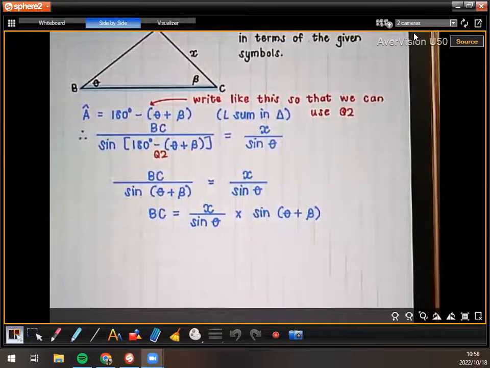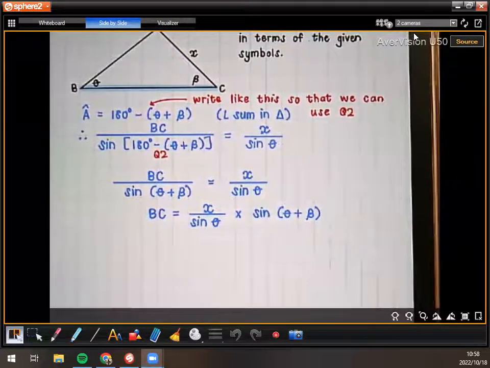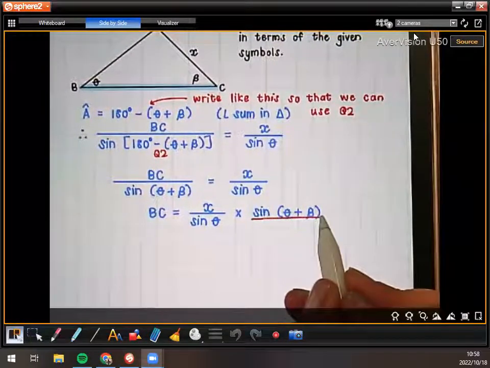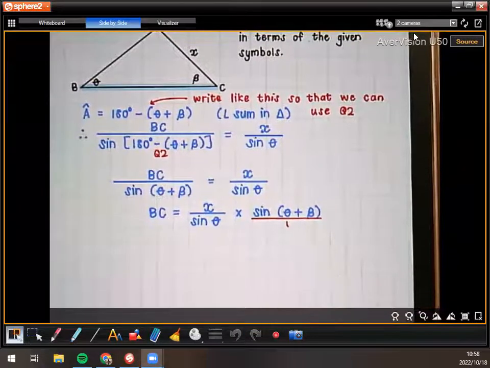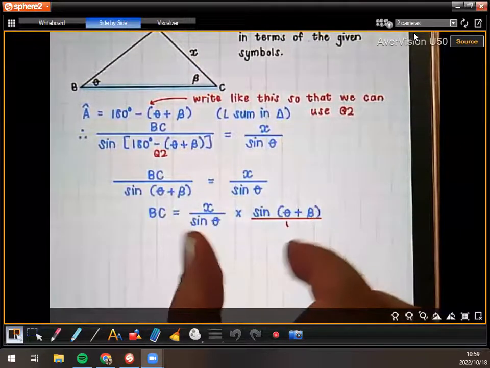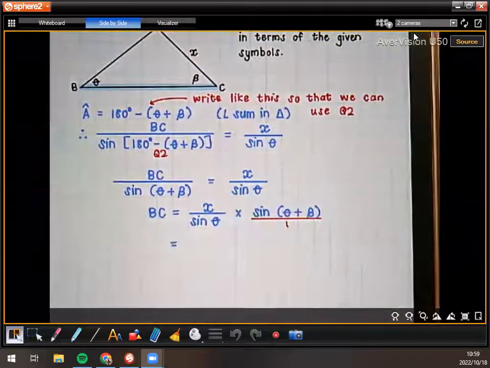All right, guys. Now for this one, how do you think we're going to make this simpler? So that it's not two separate parts, but maybe as one fraction. Is this not the same as sine theta plus beta over 1? Okay. And what happens here? We can just multiply the two numerators together and multiply the two denominators together. Okay, so we actually have to do that, guys.